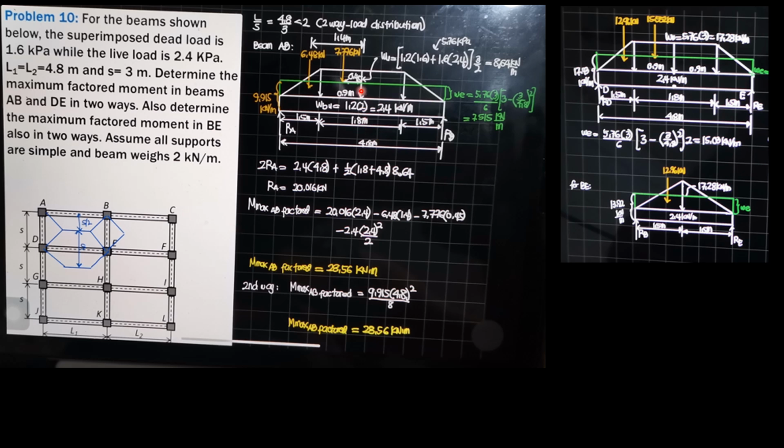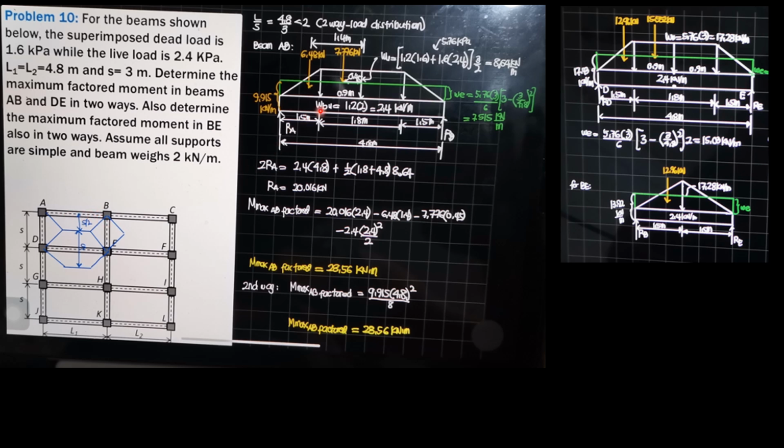So evaluating the ratio of the longer span to shorter span, it is less than 2, so the loading should be distributed in two ways. So for beam AB, which is this end beam or exterior beam, this is S over 2, interior beam, that is S. The loading is trapezoidal aside from the weight of the beam itself, which is uniform and rectangular.